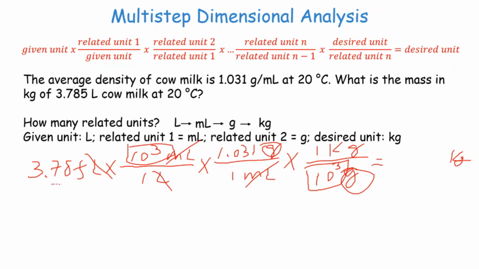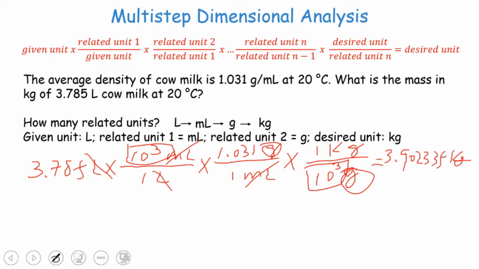The only mathematical operation we need to do is 3.785, use your calculator, times 1.031, just one calculator operation. And that should give you actually 3.902335.